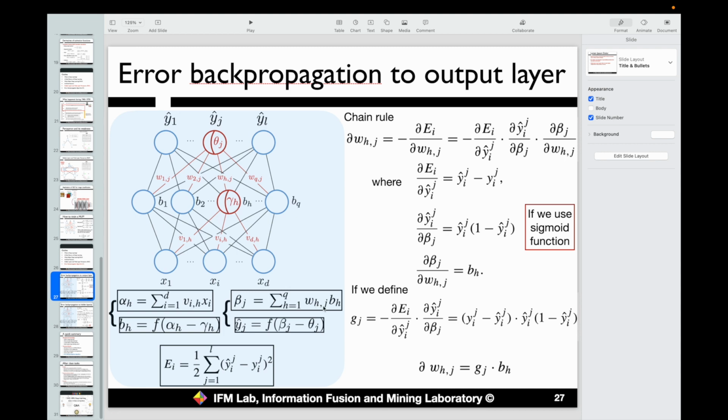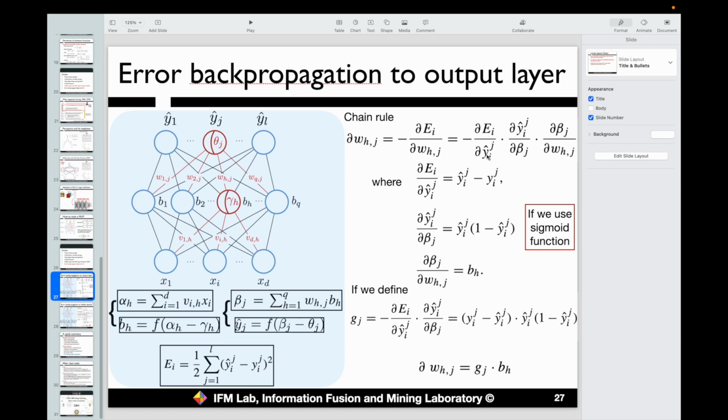In other words, if we want to calculate the partial derivative of this E_i loss function versus this w_hj, we have to calculate the partial derivative of this loss function versus y_ij hat first, then further calculate y hat versus beta, then further calculate the partial derivative of this beta versus this parameter, by the chain rule.